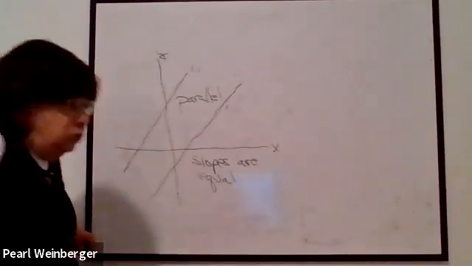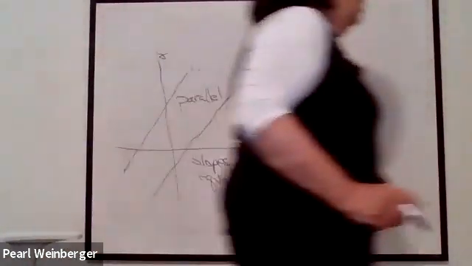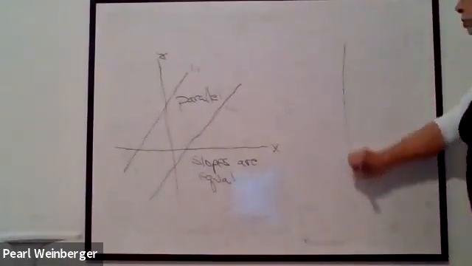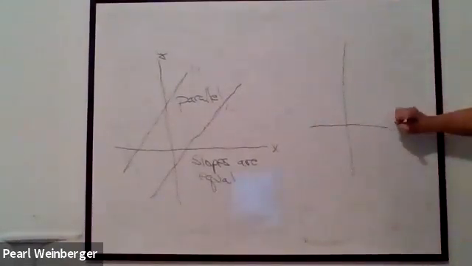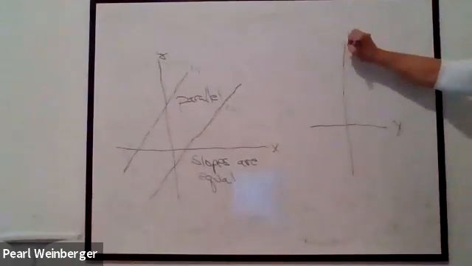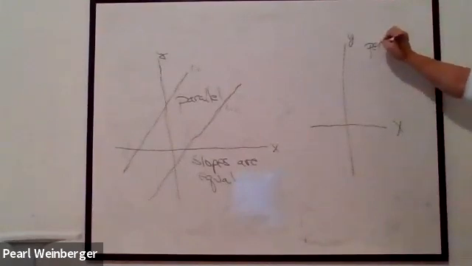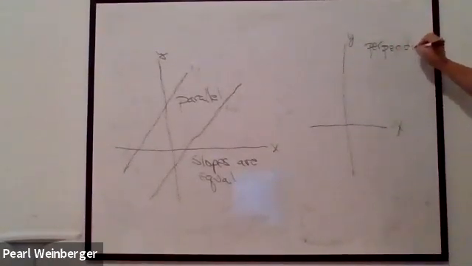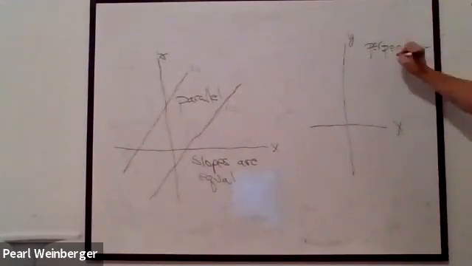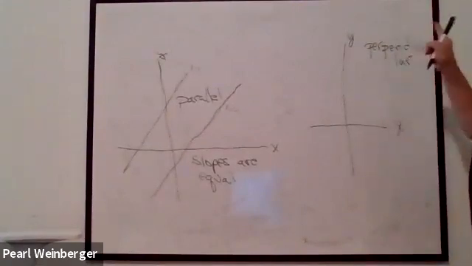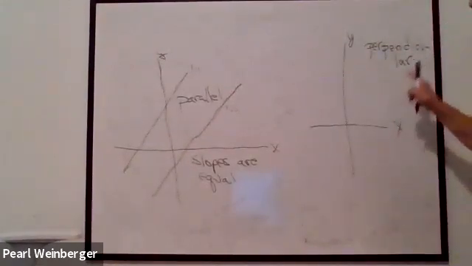There's something else we can tell from slopes, and that has to do with when lines are perpendicular. The word perpendicular means 2 lines that meet at right angles.